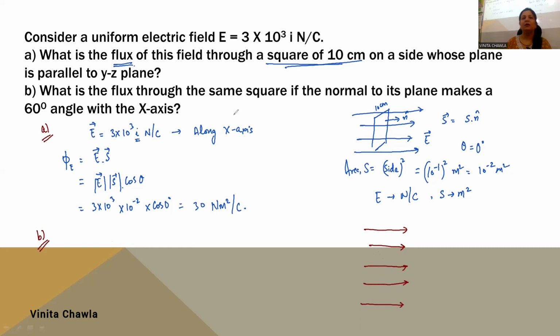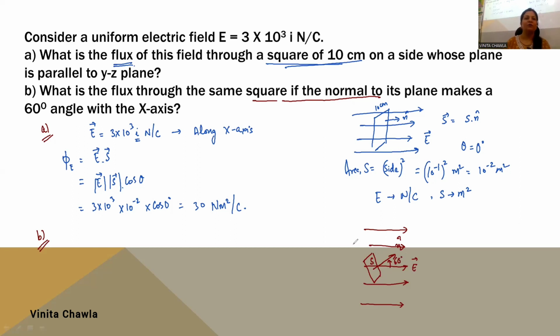If the square is held in the electric field like this, then the normal to this area would be in this direction. So this is n cap, this is S, and this is the electric field. Now the angle is given, it is 60 degree.